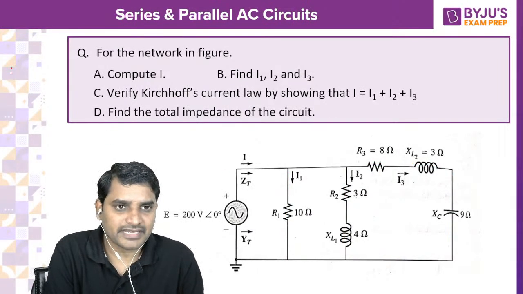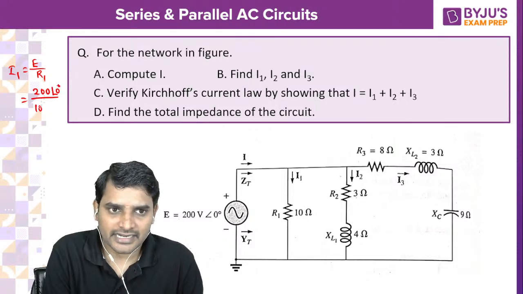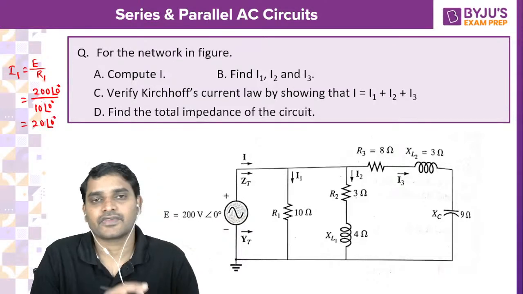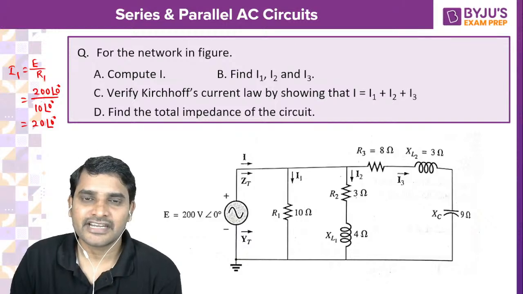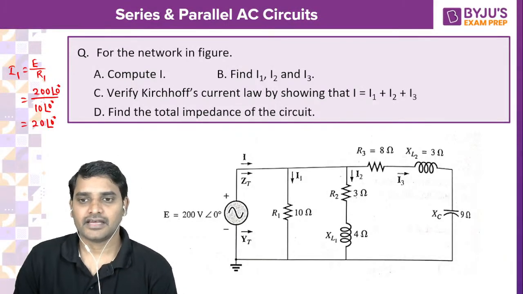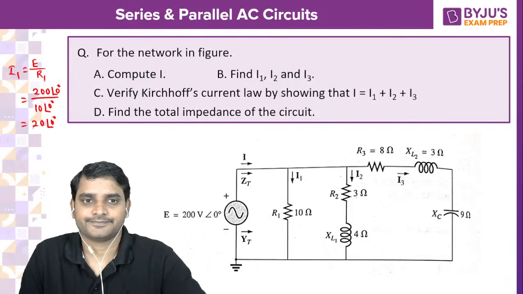So simply I1 is equal to E divided by R1. That is 200 at an angle 0 divided by 10 at an angle 0, so you get 20 at an angle 0. I1 is 20 at an angle 0, simply 20 amperes.